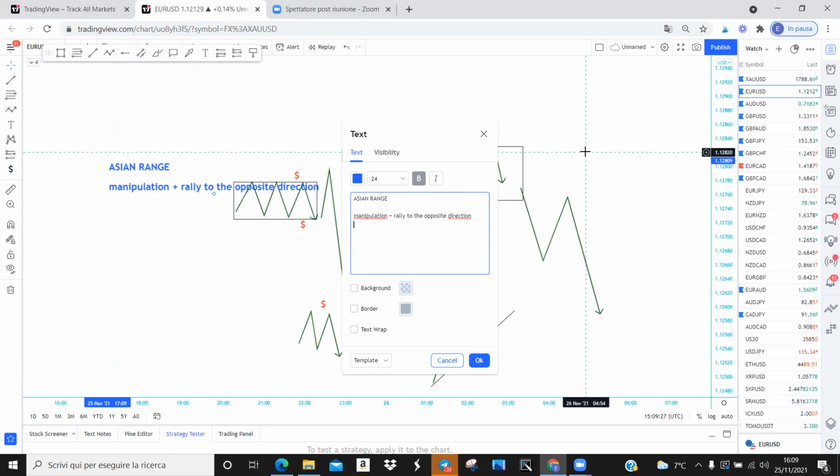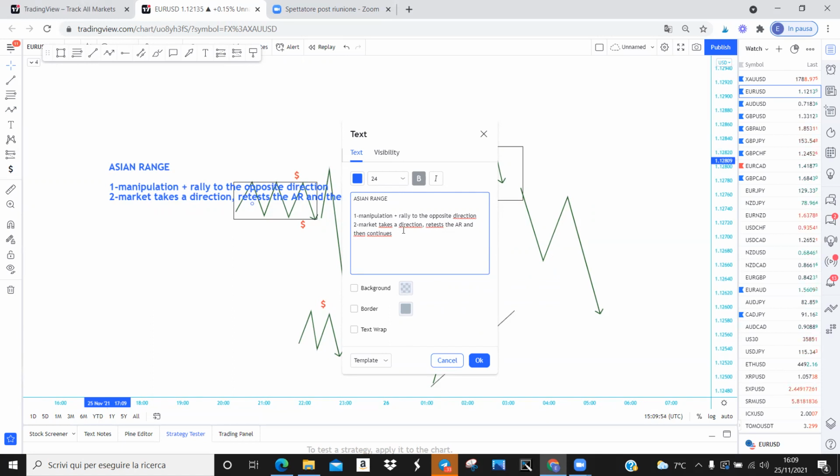Let's call it that the market takes a direction, retests the Asian range, and then continues. This is option 1, option 2. Then we have that.